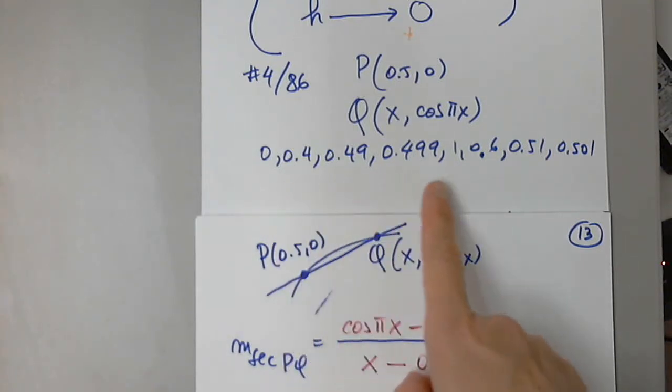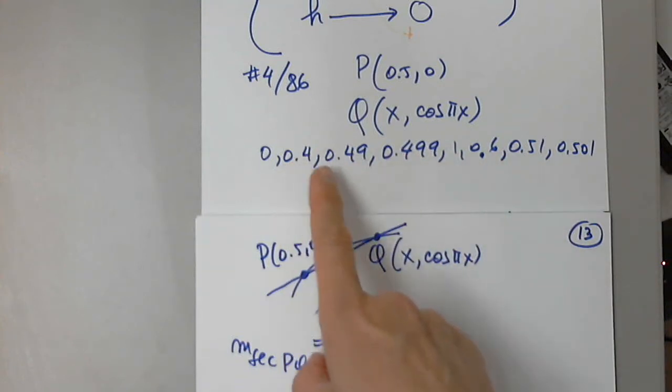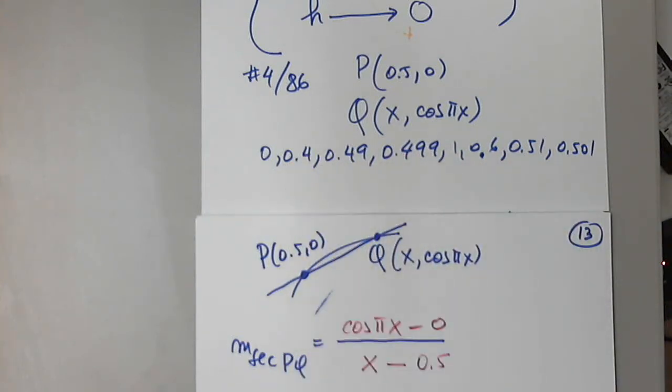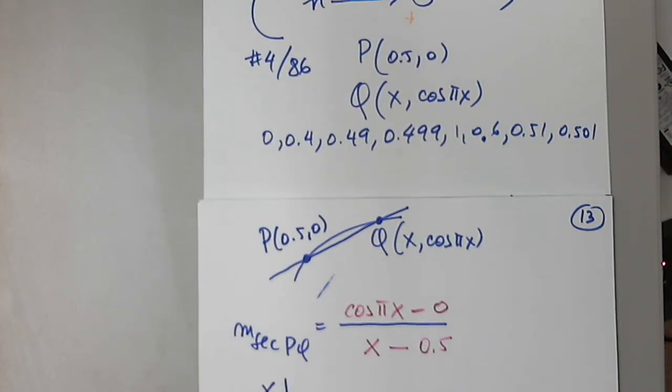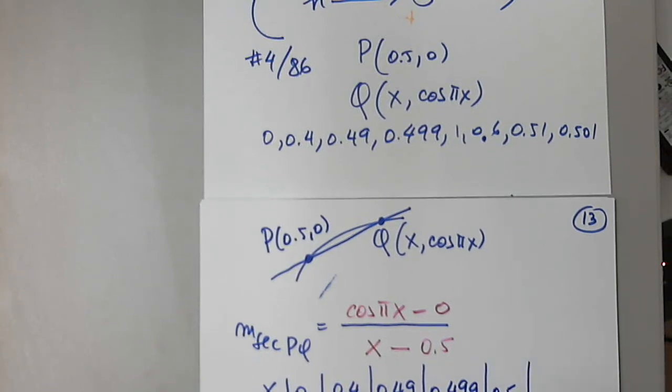Now I would like to present in order the values that they are asking us to determine this slope for. In the correct order, please, from left to right. So this is the slope of the secant PQ. So it's 0, it's 0.4, it's 0.49, 0.499, it's 0.5, it's 0.501.